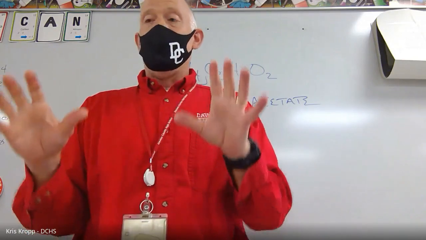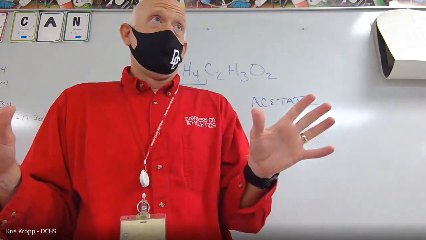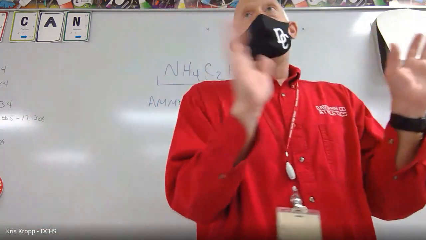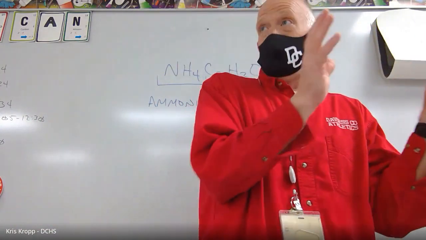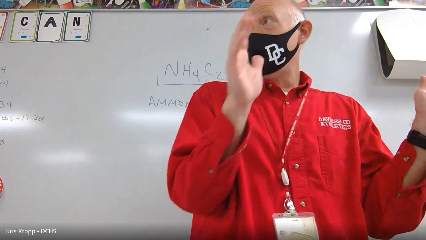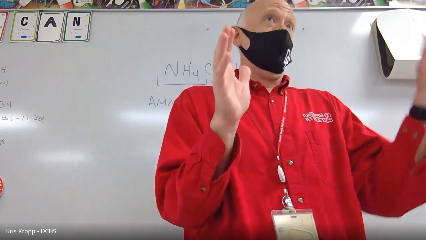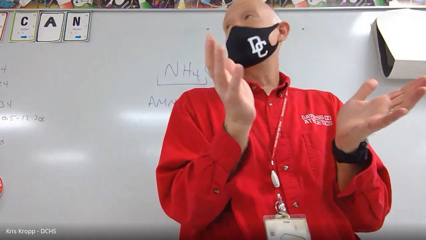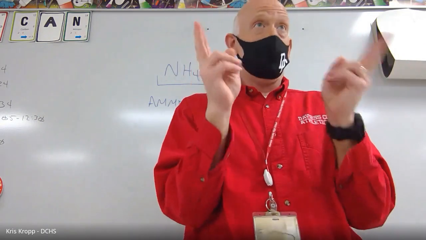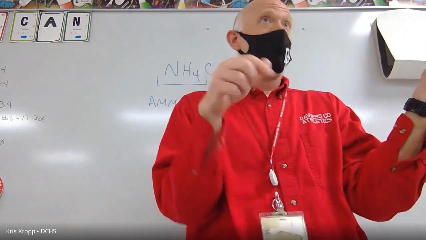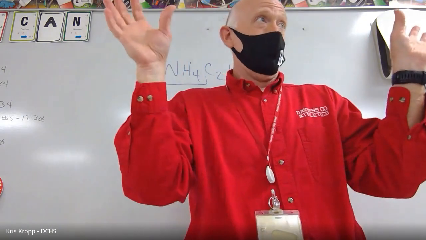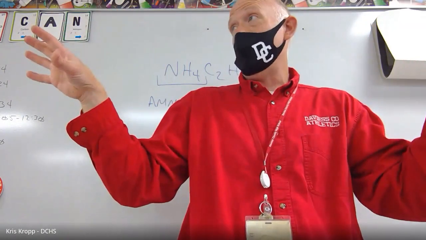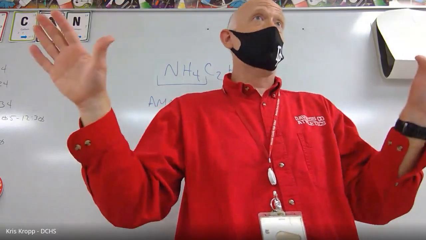So again, here's what we did today. Well, actually, let me back up. Last week and yesterday, we were writing and naming monatomic ions and binary ionic compounds. Compounds with only two elements, a single cation and a single anion. And until today, those binary compounds only contained main block elements, right?